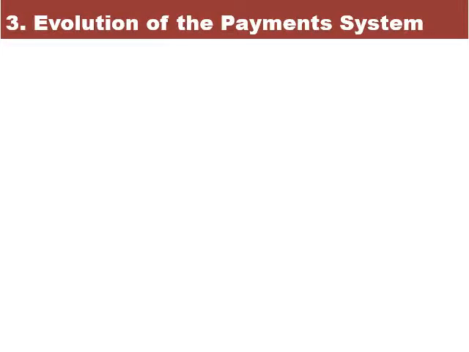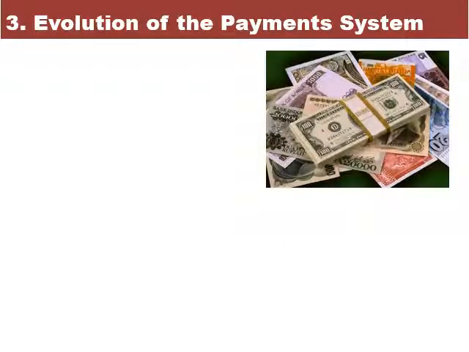Well, the second form of money is called fiat money. But before explaining its meaning, let's explain how it started or evolved.